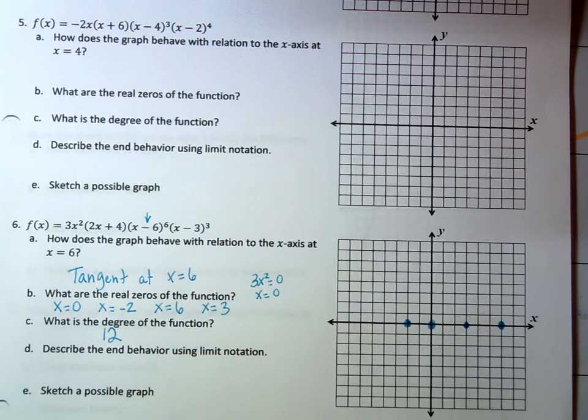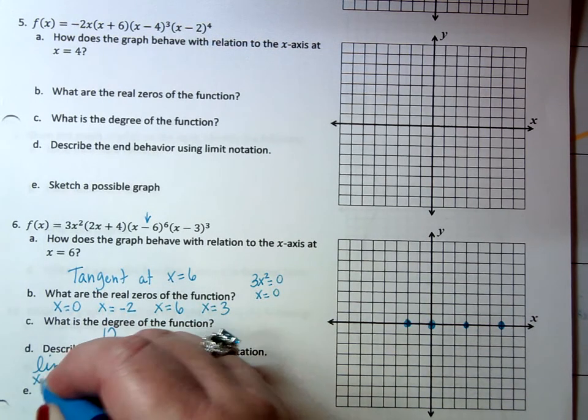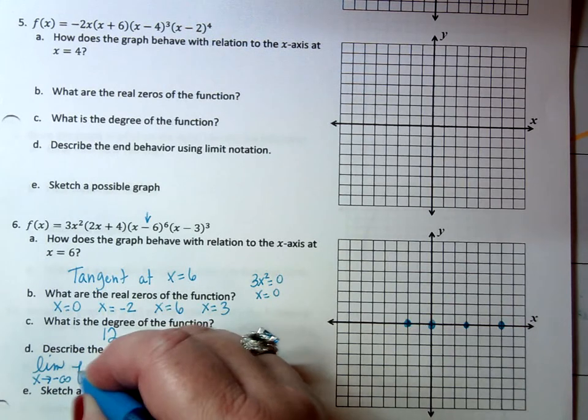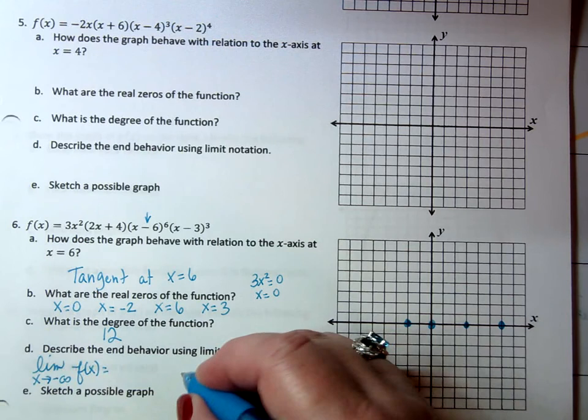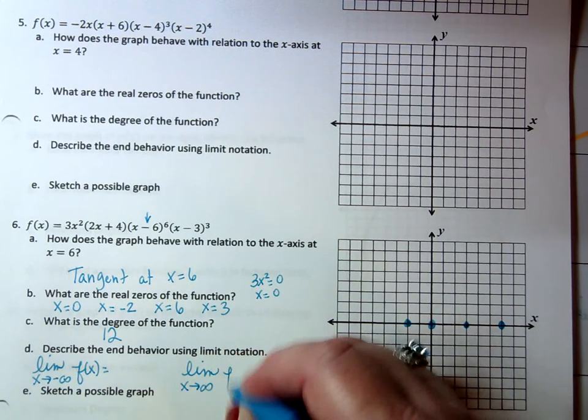Describe the end behavior using limit notation. So I'm going to take the limit as x approaches negative infinity for my function. I'm going to call it f of x so I don't have to write the whole thing out. And then I want to know what it's doing on the right. Limit as x approaches infinity for my function as I go to the right.